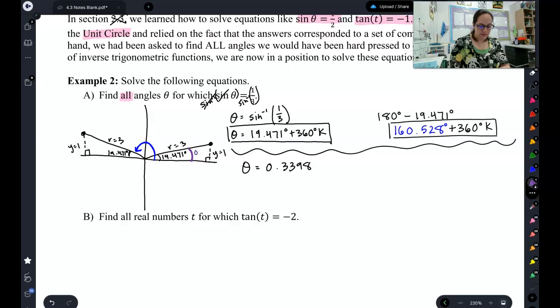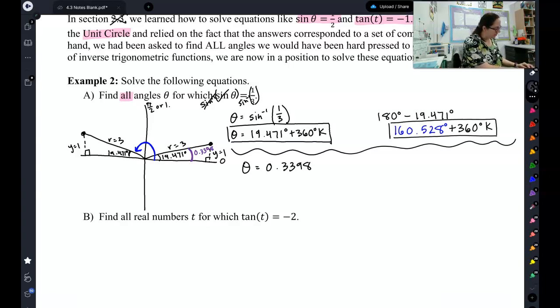So this is 0.3398 radians. And hopefully you'll remember from that, this is 0 radians. This is going to be pi halves radians, or if you put pi halves in your calculator, that's about 1.57. I always forget. Let me double check.